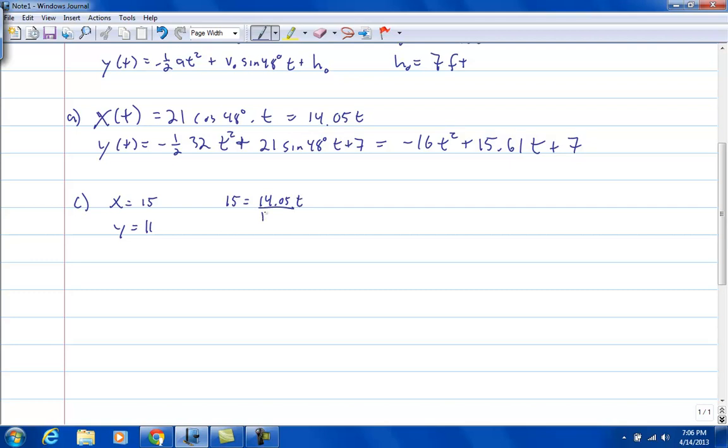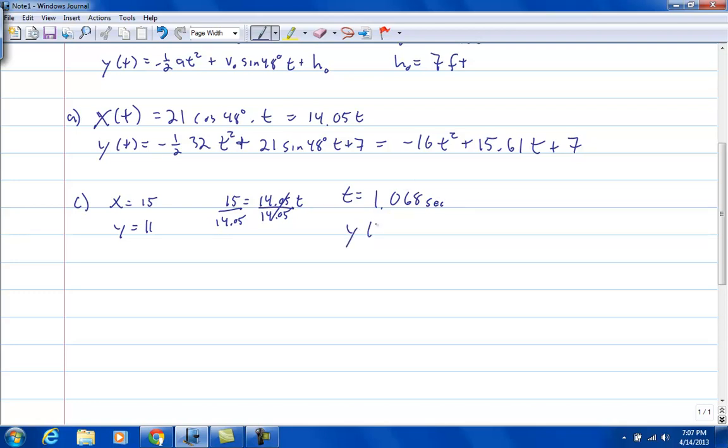We divide both sides by 14.05. t would be equal to 15 divided by 14.05. I get 1.068 seconds. I know I have an issue with significant figures here, but I'm going to go with it anyway.